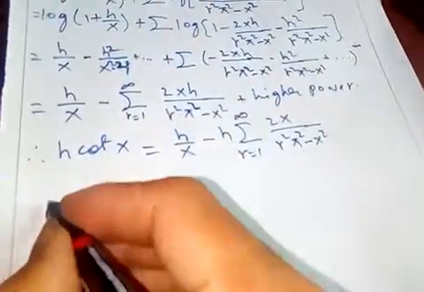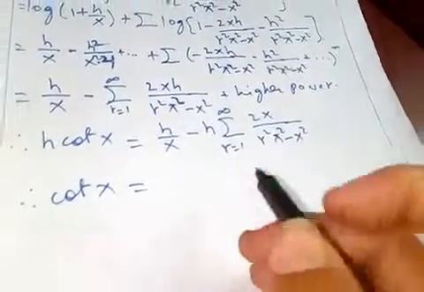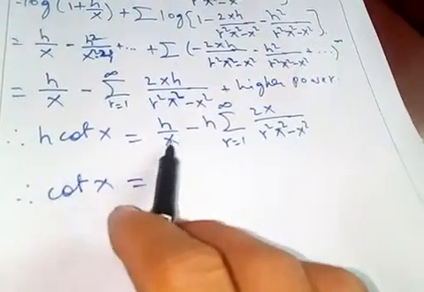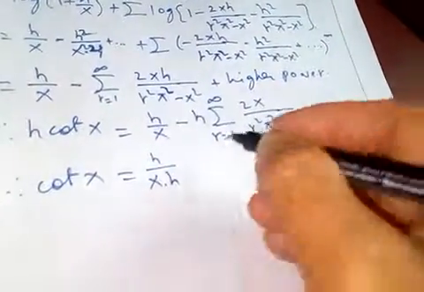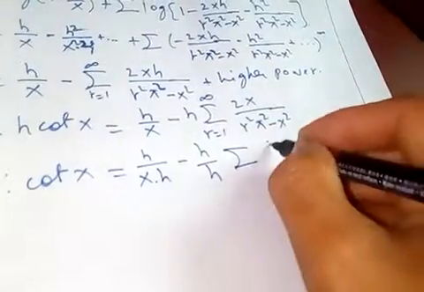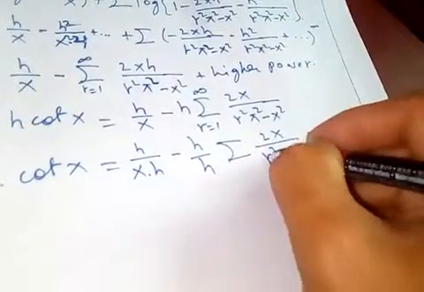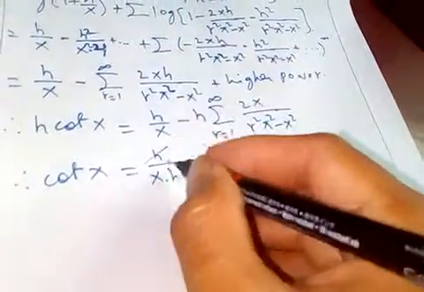Now, what is our last answer? Cot, is it? So I'm going to find cot. Therefore cot x will be this one. If you transfer here, it will be under h: h over h, summation of 2x over r square pi square minus x square, so this will cancel.